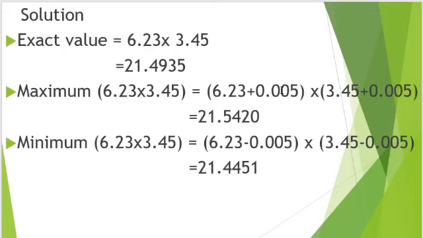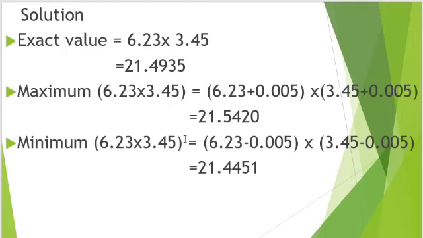Why am I adding this error 0.005? I think you agree with me that 6.23 has the error 0.005, because we have two decimal positions here. When you put that in the calculator, the answer is 21.5420.